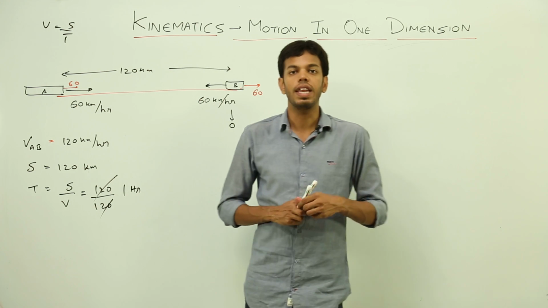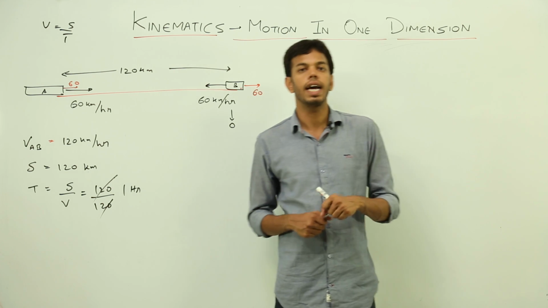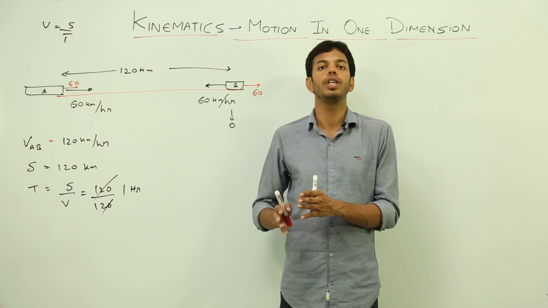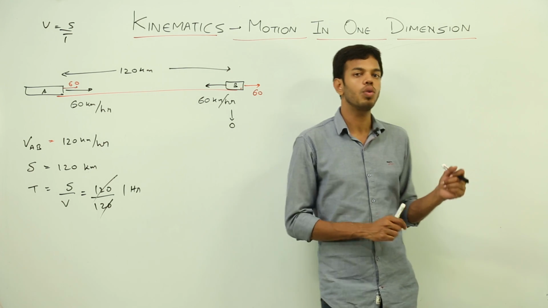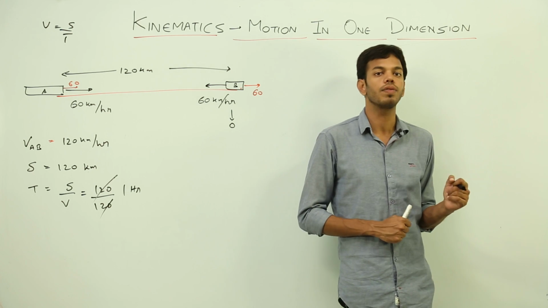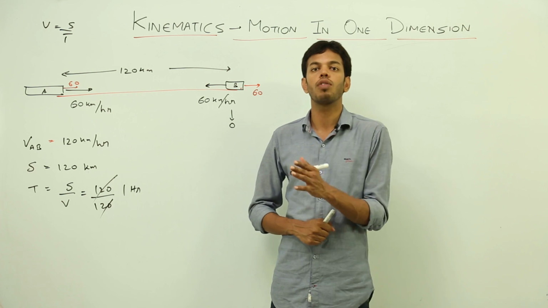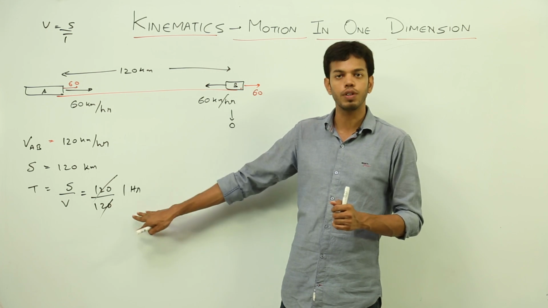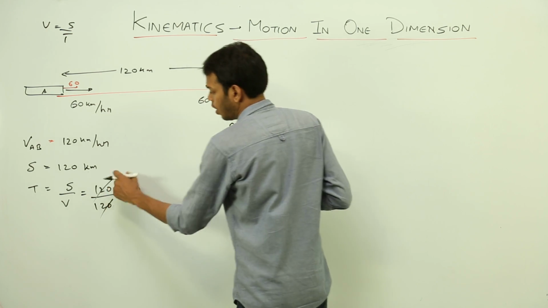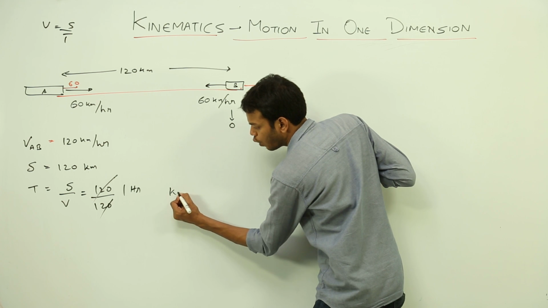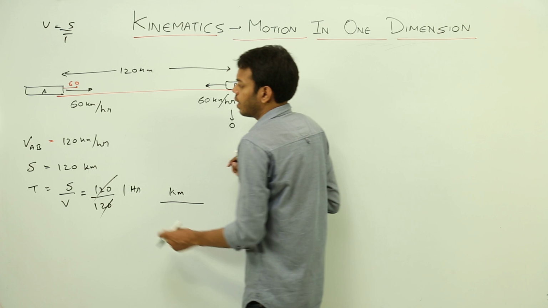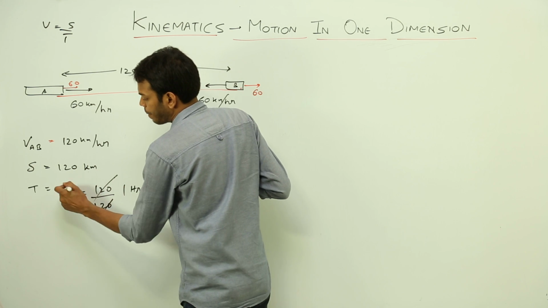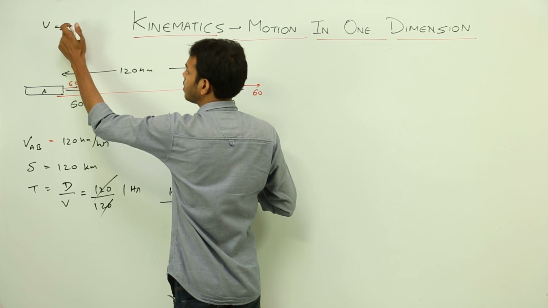One more very basic thing for you guys to understand: if you are doubtful in your answer anywhere, no matter which chapter you are doing, if you have the slightest hint of doubt, try to calculate the SI unit of the answer which you have got. For example, here on the numerator side the unit was kilometer because it was the distance. Stop getting confused, I am writing it as D. Done?